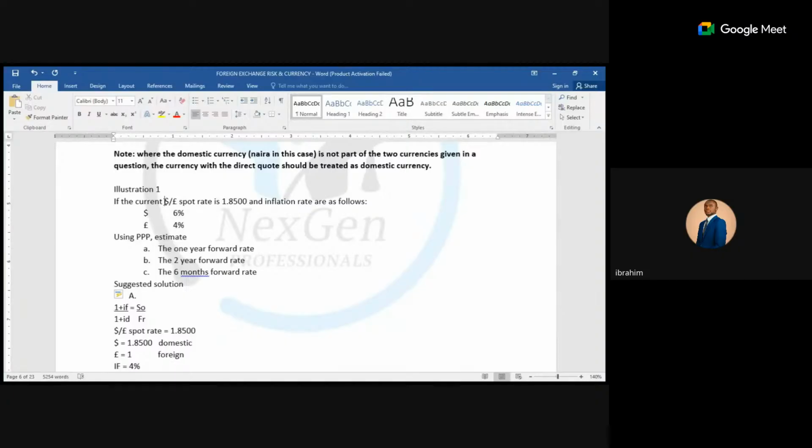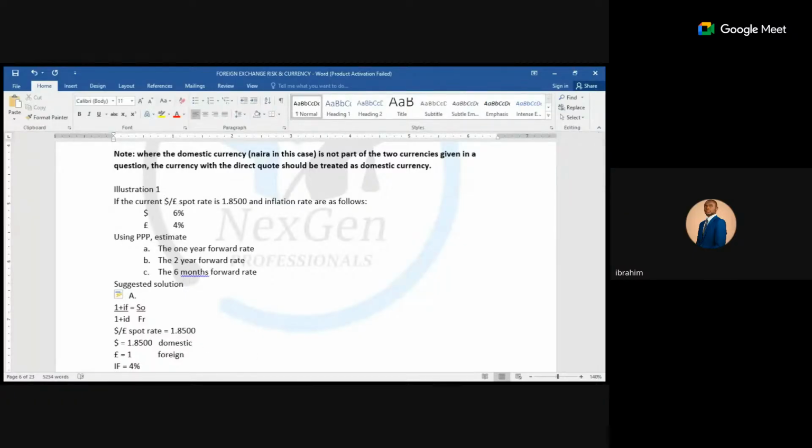Or you can even say, oh, I didn't understand it like that. Where is the spot rate? The dollar/euro, it means that dollar is 1.8500, which is very, very high compared with 1 euro, right?